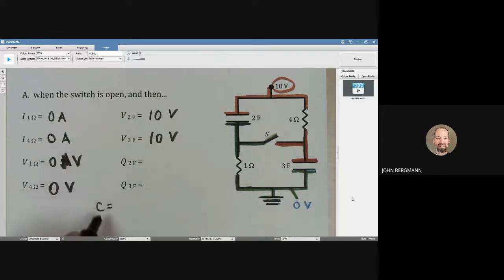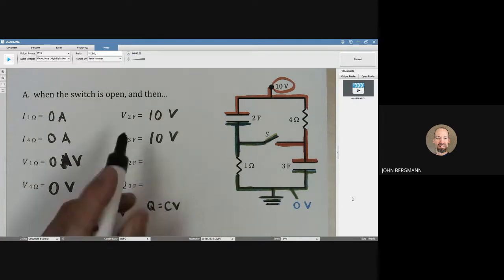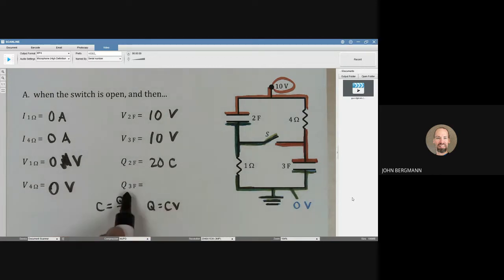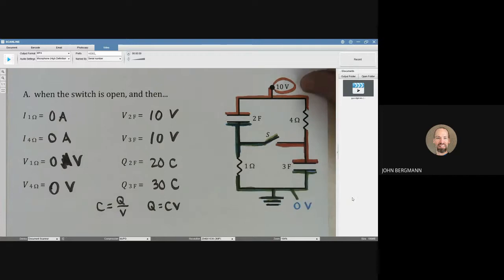Once more, the capacitance is Q over V, so that means Q is C times V. That means we're going to take the capacitance, which is 2, times the voltage, which is 10, and so I'm thinking 20 coulombs there. For the 3 farad capacitor, then we're going to have 30 coulombs. So that's the deal when the switch is open.